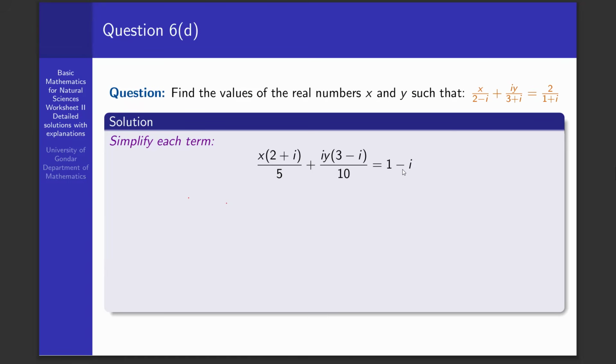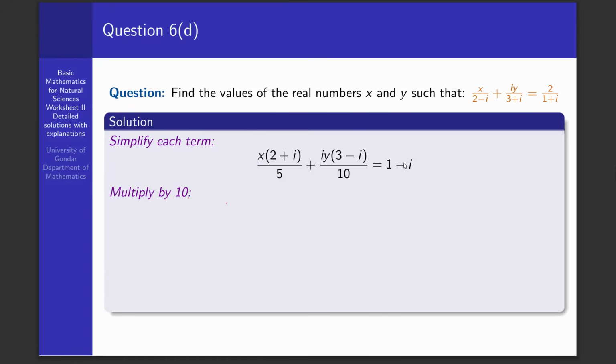And here, we have 1 minus i over 1 squared plus 1 squared, that is 2, so the 2s can be cancelled, and we are left only with 1 minus i.